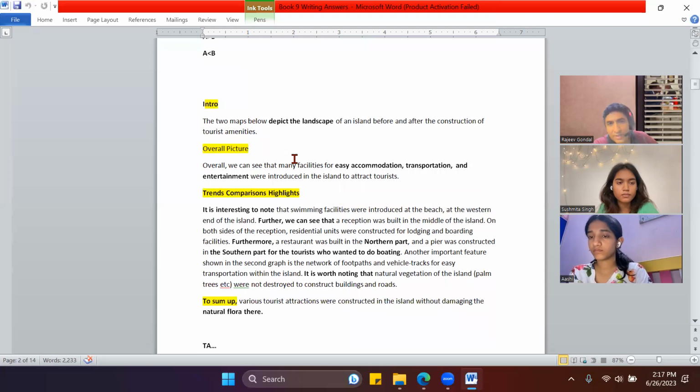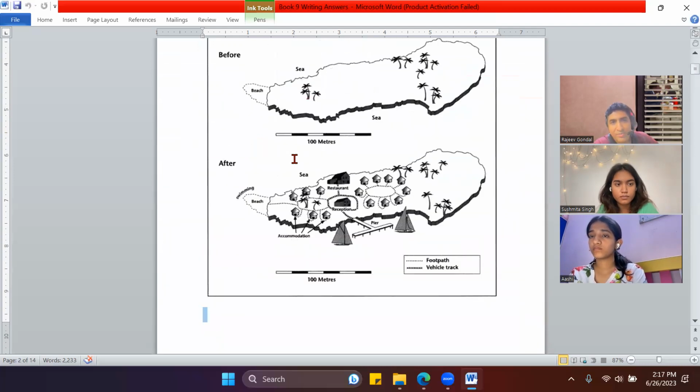Then you talk about trends, comparisons, highlights, if there is something interesting, something important. And while giving this information, it is important to move in a certain direction, right? So it's saying most important thing is, interesting to note that facilities of swimming were introduced. So this guy is moving from left to right.